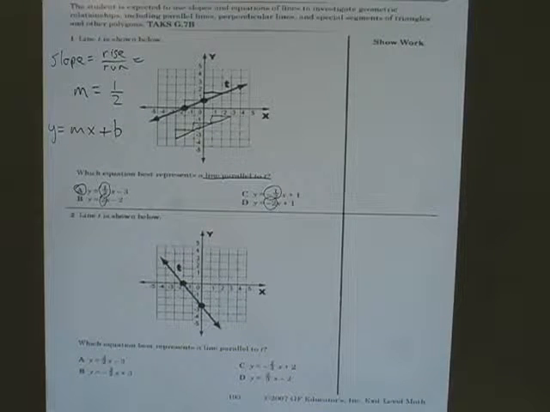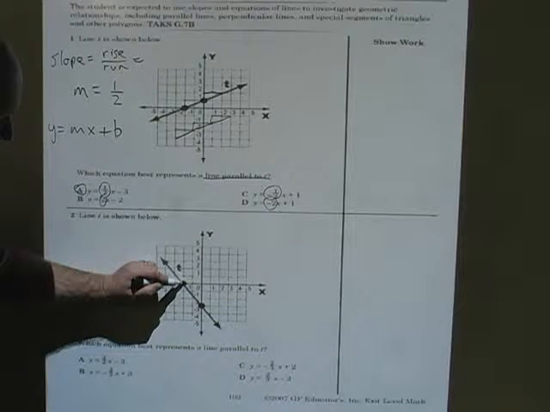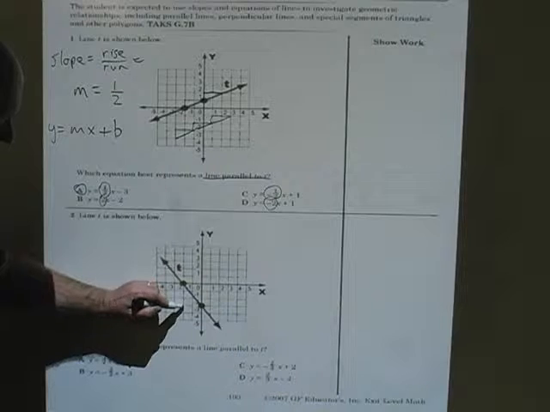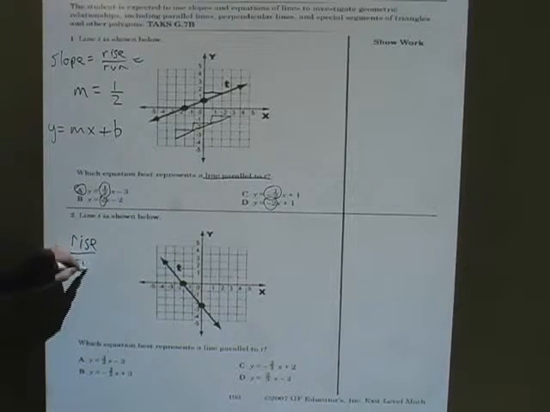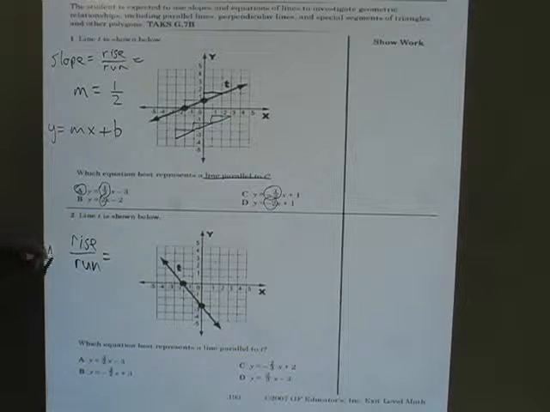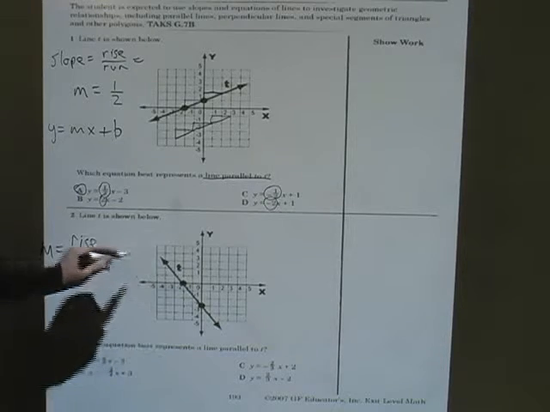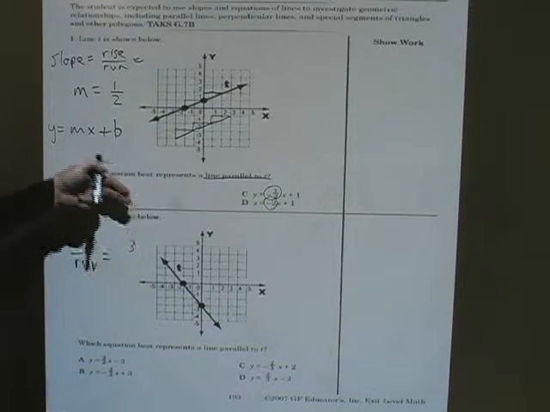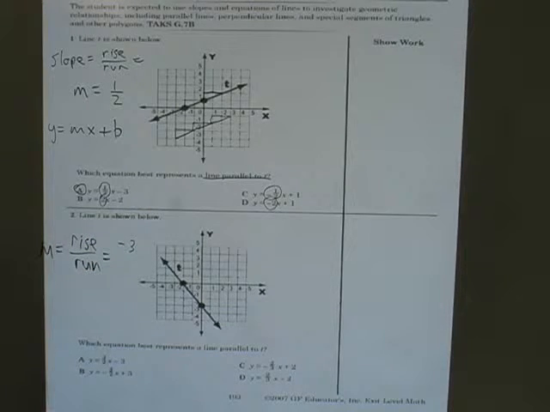Number 2. Same thing. Which equation best represents a line parallel to t? So let's find the slope of this line. And all you do is you count 1, 2, 3. So the rise is 1, 2, 3, but it's going down, so it's -3.